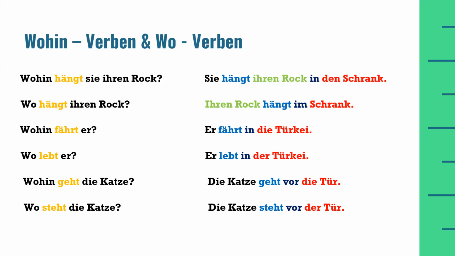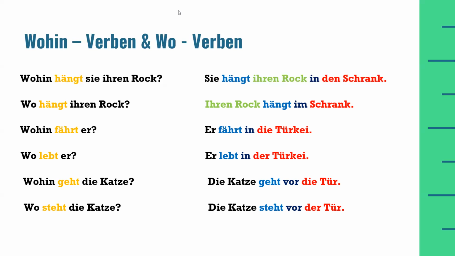So these were the verbs and the question words. I hope that it's clear to you now. You are now able to identify in which case we have to use wohin and in which case we have to use wo. And if we are using wohin, then which verbs are associated with this question word, and if we are using the question word wo, then which verbs are associated with it.